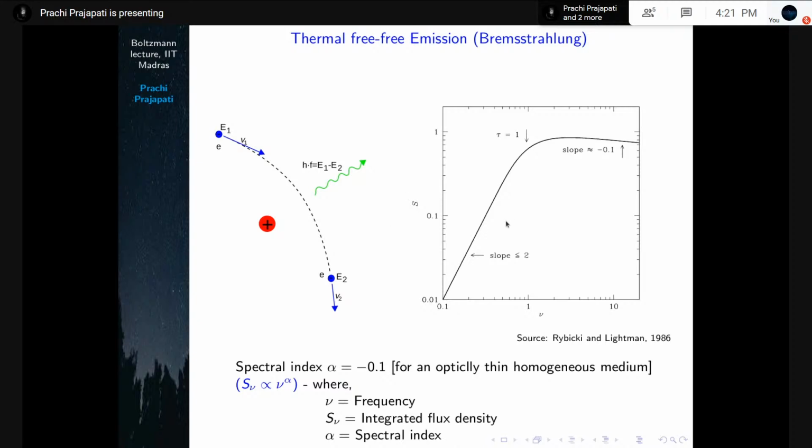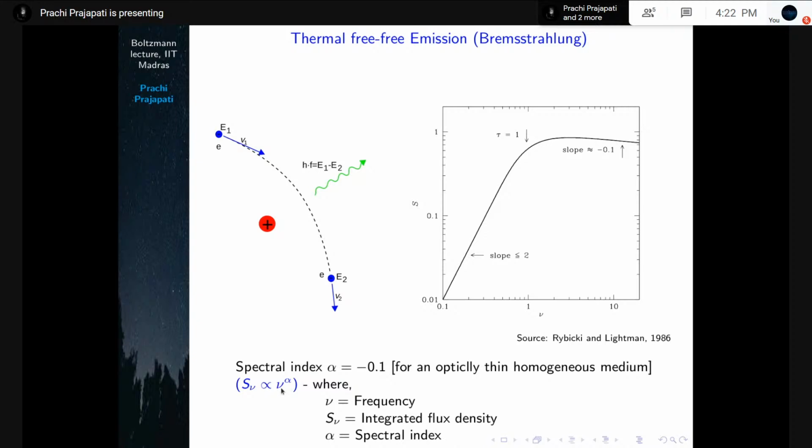If we do the theoretical calculations, we get the spectra. Spectra is basically the flux density versus frequency. This is the typical spectra for thermal emission, where tau is the optical depth. If we go towards higher frequency, it is an optically thin medium, so there we expect a power law, with the power law index called the spectral index.